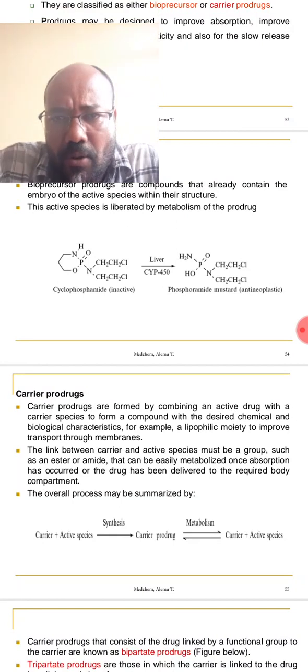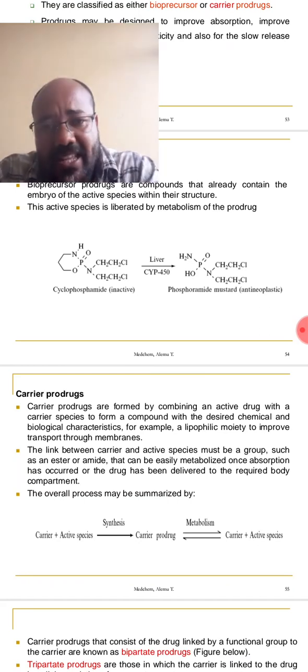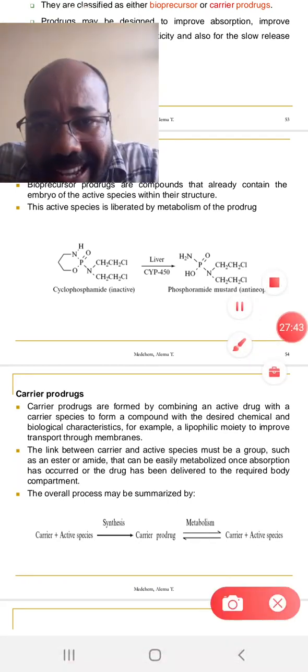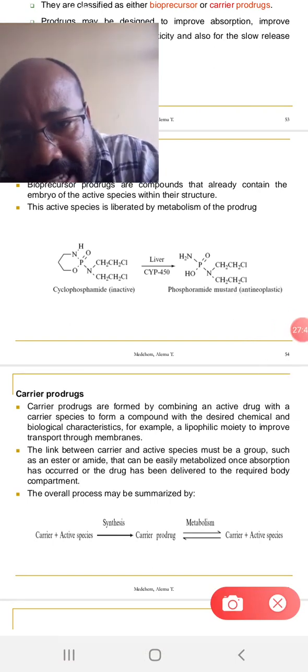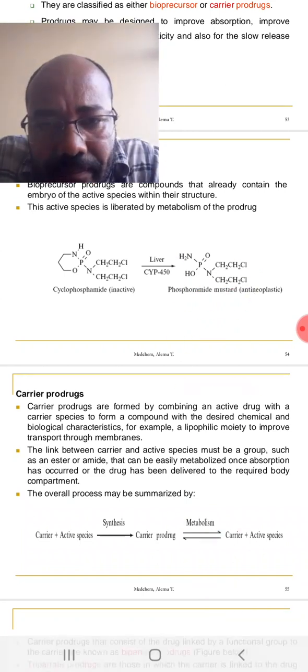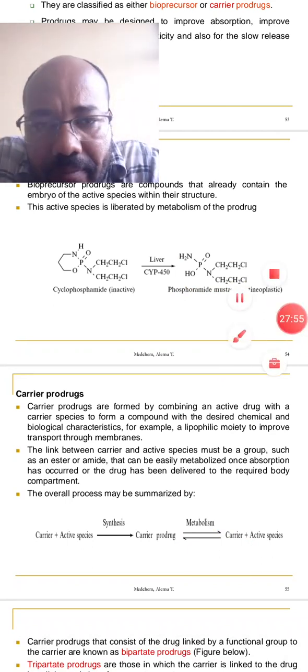Look here, example of bioprecursor. Cyclophosphamide. This is the most popular type of anti-cancer drug. It is an active compound, a prodrug. But this compound, cyclophosphamide, contains the active species in its structure. This is called phosphoramide mustard, the active one.